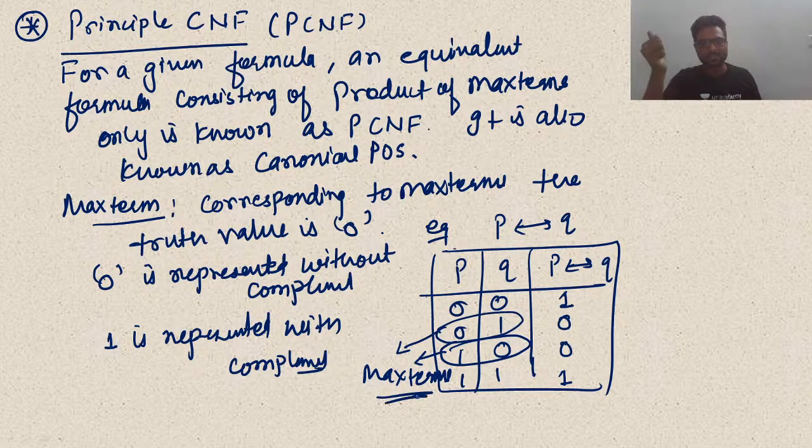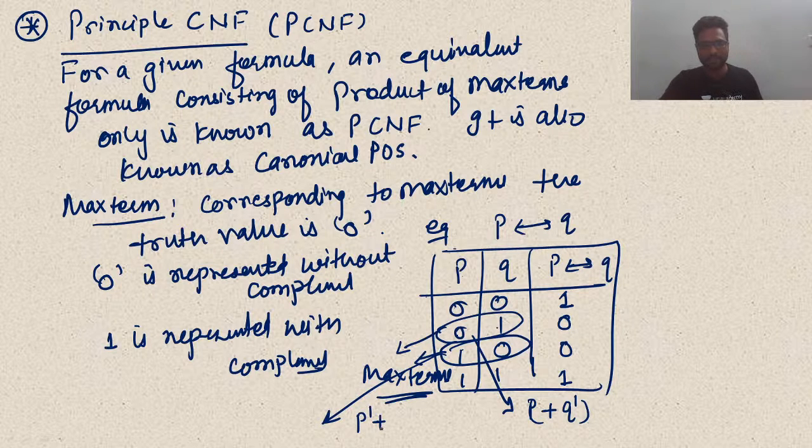And what are the max terms? A max term is an elementary sum. Here 0 will be represented without complement, so this is P, plus 1 is represented with complement, so this max term will be P dash plus Q. Is this clear to everyone or not?